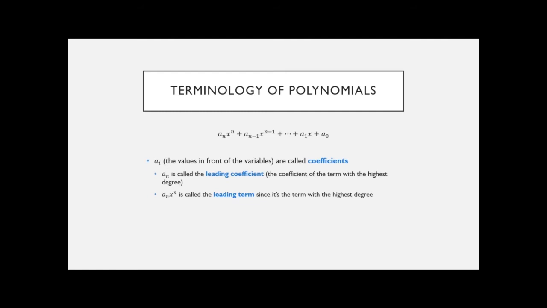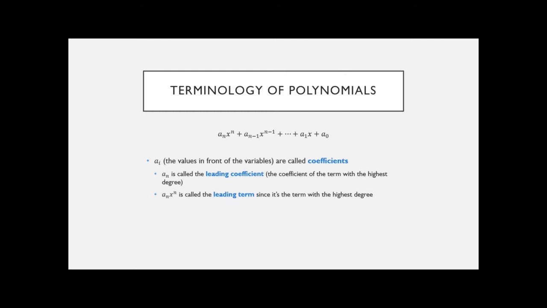I took Latin, so I can usually break them down and figure out what they mean, but coefficient is one that I don't know how it got called that. But it's called a coefficient, what's in front of the variable. The number that's in front of the highest term is called the leading coefficient, and that highest term is called the leading term.